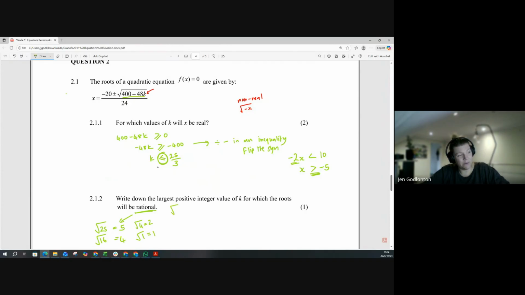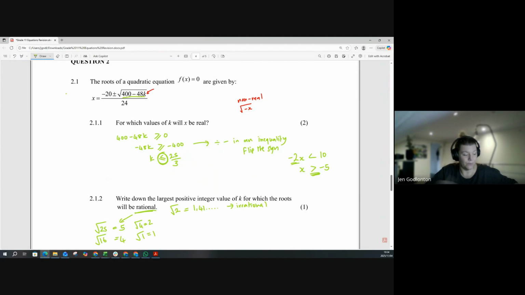If I had the square root of 2, that's not going to be a number that I can work out. It's going to give me 1.41 and a whole lot of decimals. That means that it is irrational. So what this is asking for is what is the biggest number that k could be in order for this to be a rational number?